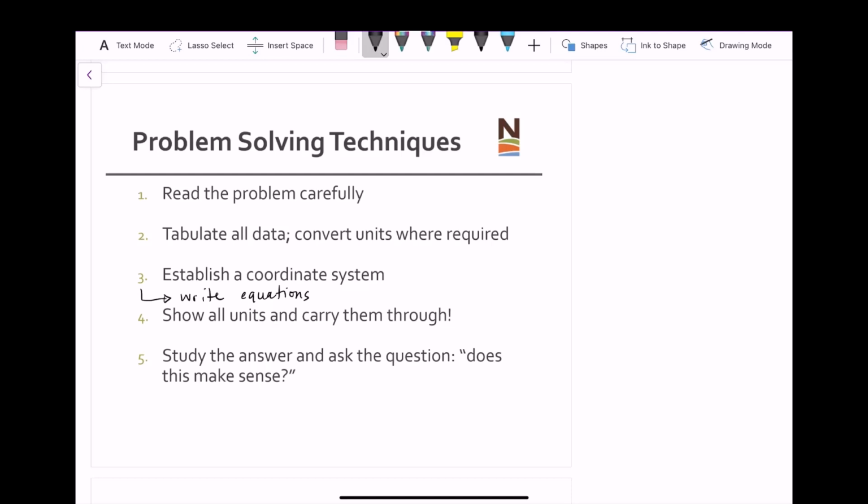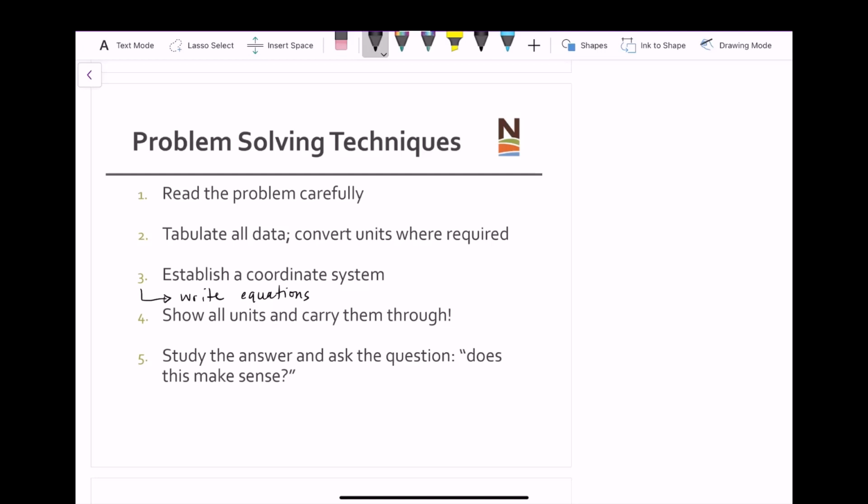Number 4, show all units and carry them through. It's easy when you're trying to solve these problems to just quickly write down the numbers, but just as easy as it is to write out the numbers without units, it's also easy to forget the units in your final answer, which will result in an answer being marked as incorrect on assignments and tests.